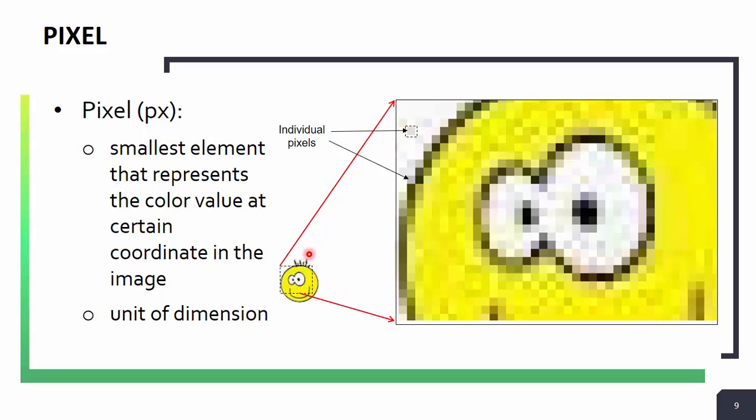So as you can see, this is the image. If we enlarge it too large, we can see the individual pixel. This is what we mean by degradation of over enlarging, and this is also what we mean by resolution dependent of raster images.